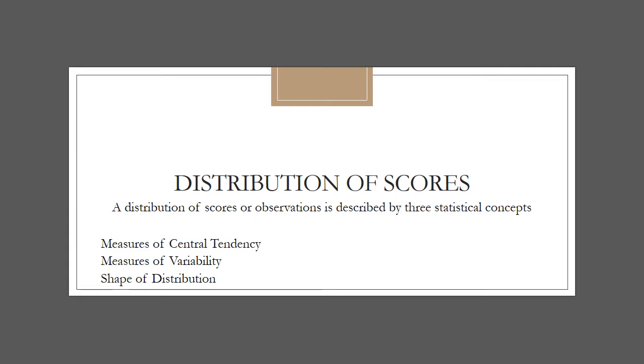We're going to focus on measures of central tendency. You've probably heard the terms mean, median, and mode before. We're going to focus on those ideas. Measures of variability, maybe you've heard range, variance, or standard deviation before, and also the shape of a distribution. This will help us give more context to some of the language we use around descriptive statistics.